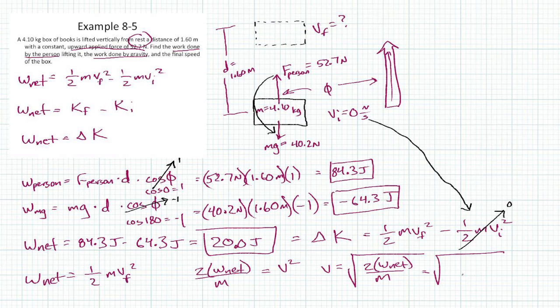So it's the square root of 2 times, what's our net work? 20.0 joules divided by our mass. What is our mass? All the way back at the beginning, 4.10 kilograms. And we simply plug and chug. What do we get? 3.12 meters per second. And that, my friends, is our final velocity.